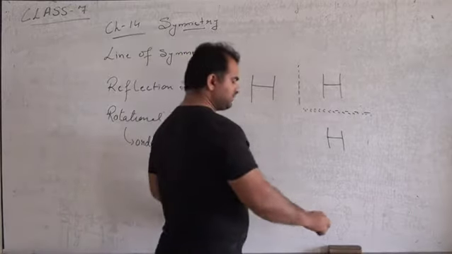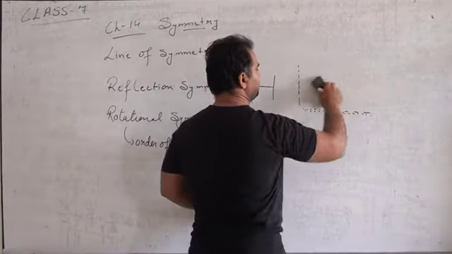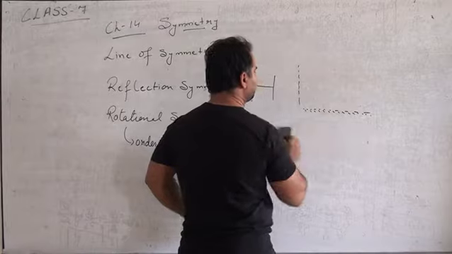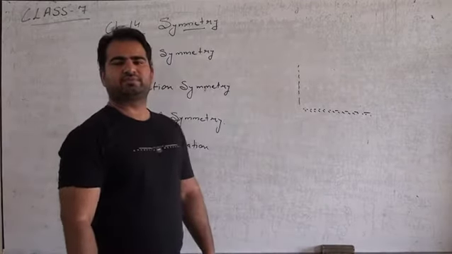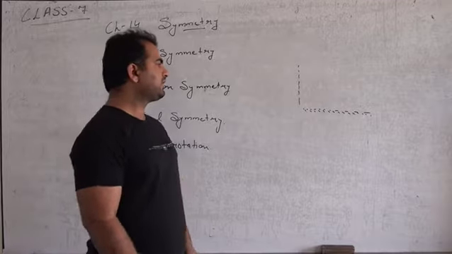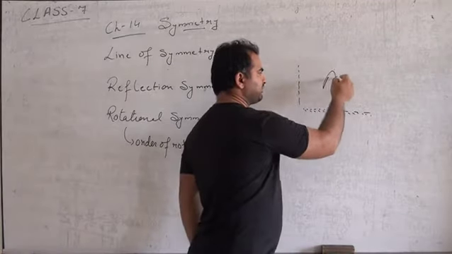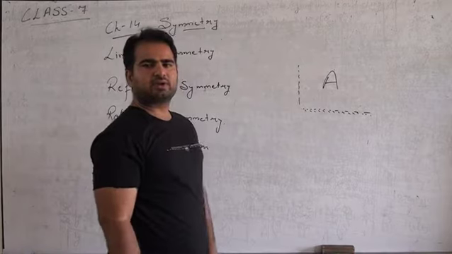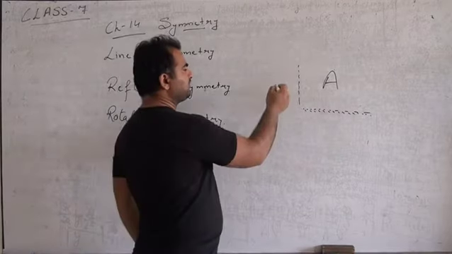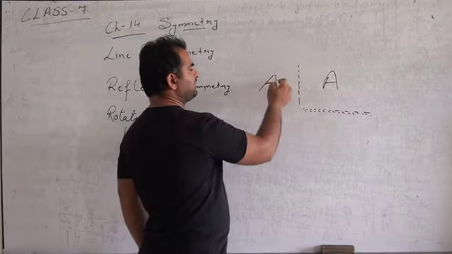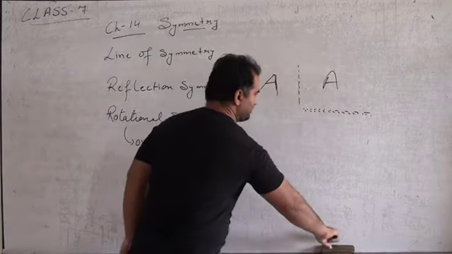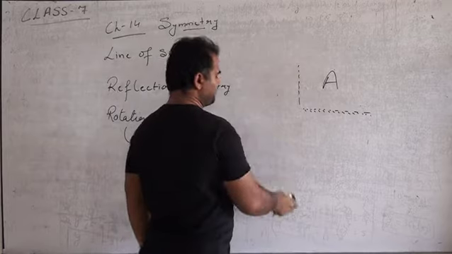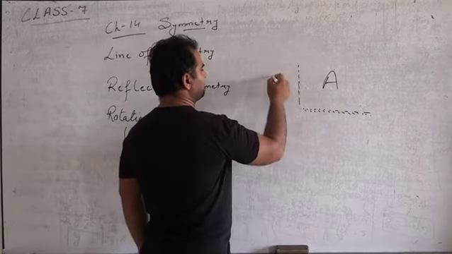Okay, state any figure which will have only vertical reflection symmetry. What we can write is A. A will have vertical reflection symmetry.